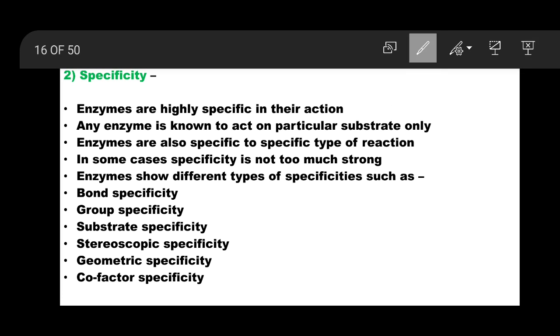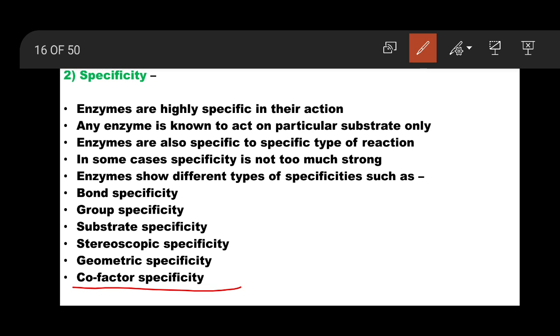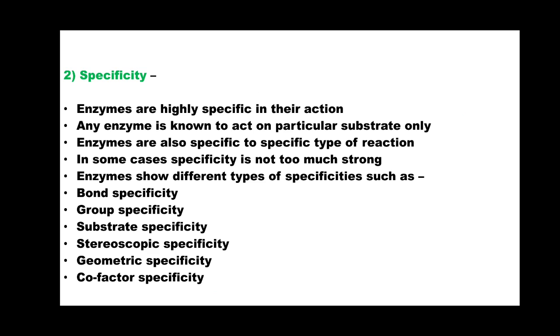What is the geometry of the molecule? Cofactor specificity. Cofactors are helpful in enzyme action and determine the activity of the enzyme. So cofactors are specific for which type of enzyme is there. So this was all about specificity, how enzymes are specific, and in which criteria.